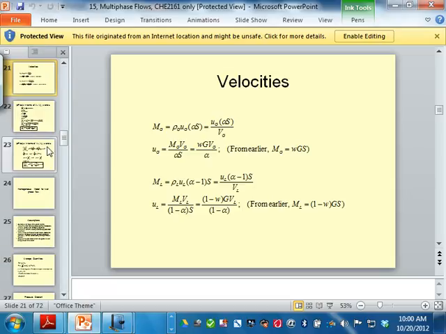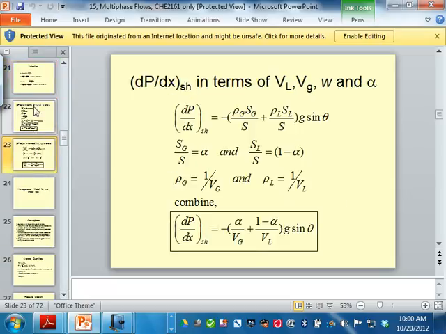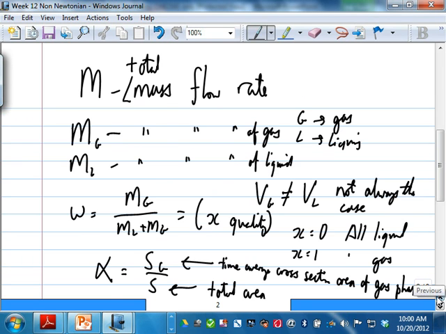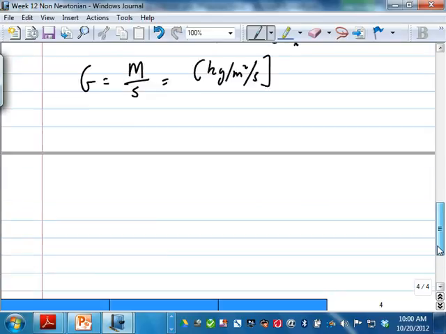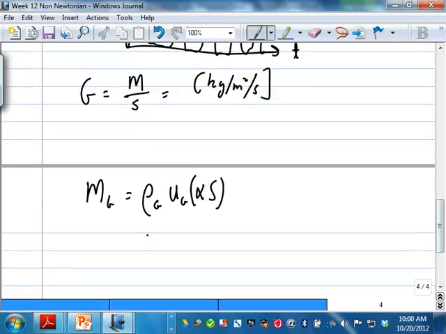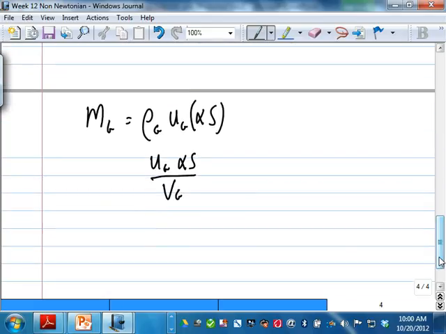As I said, this part is all the pipe flow one. I'll skip ahead first, just to sum up here. mg is rho of the gas times U of the gas times alpha S, the area of the gas. So it is equal to UG alpha S over VG.